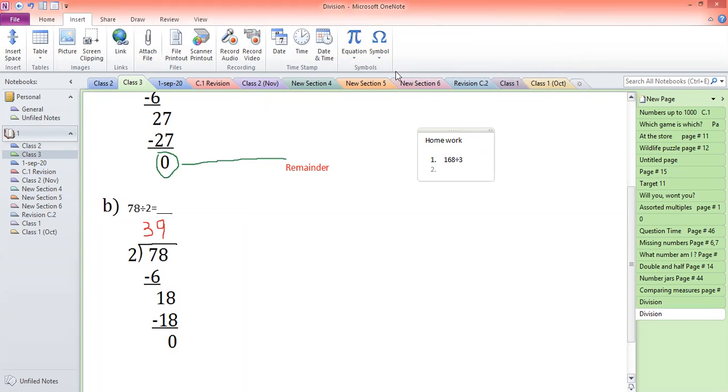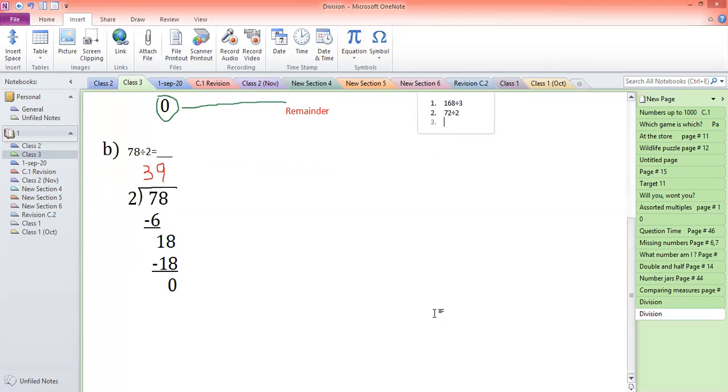And second is 72 divided by 2. Okay. So these two questions are your homework. You have to complete them at home.